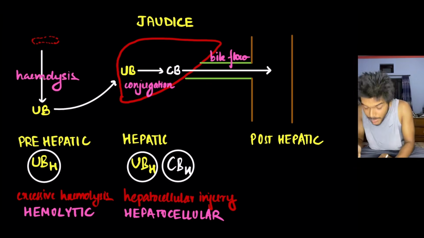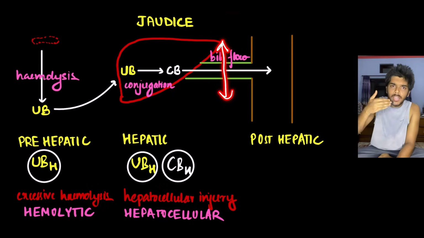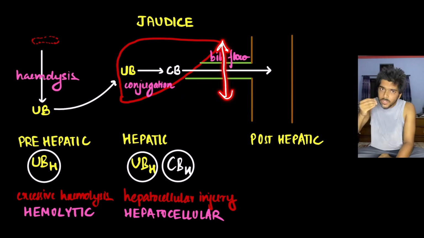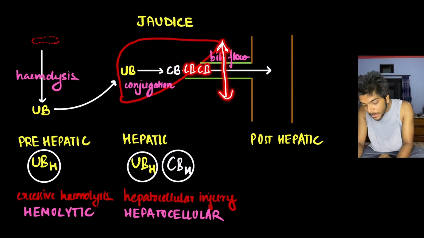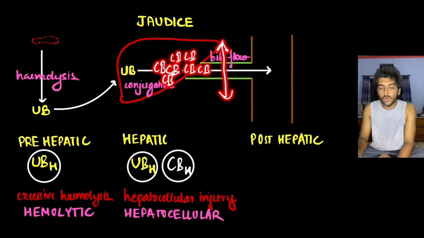But within this bile flow, if obstruction occurs anywhere within the liver or outside the liver, what will happen? Conjugated bilirubin will be accumulated within the hepatocyte. It won't get into the duodenum. Now the escape door is closed due to obstruction.